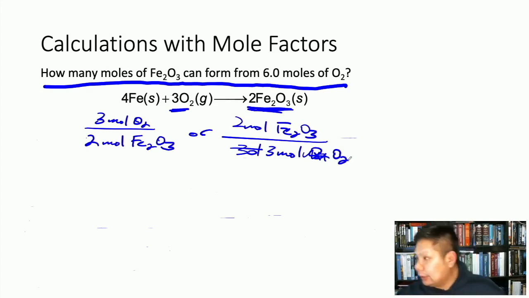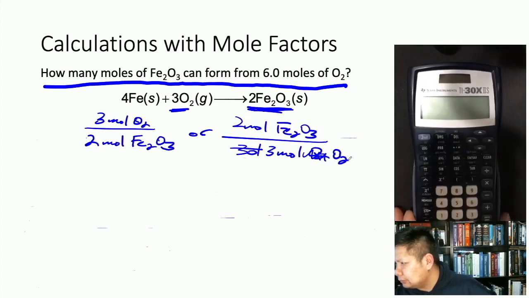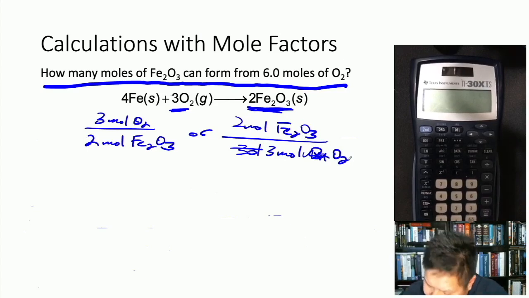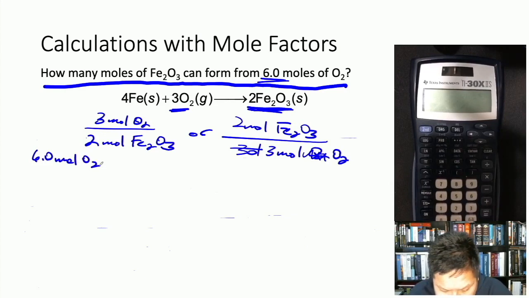I'll put the calculator on screen. Start out by using the information they gave us: 6.0 moles of O2. And we want to go to moles of iron oxide, because it's asking how many moles of iron oxide there's going to be, right?